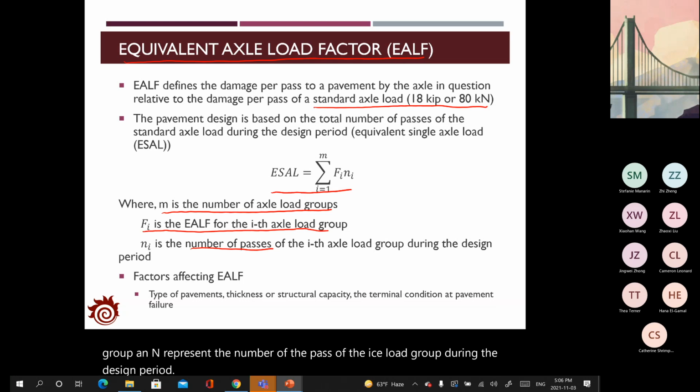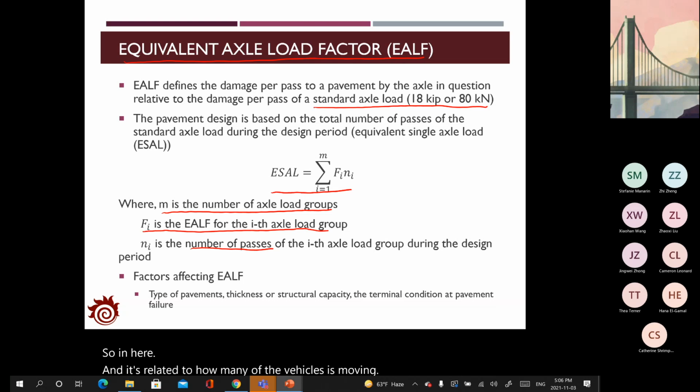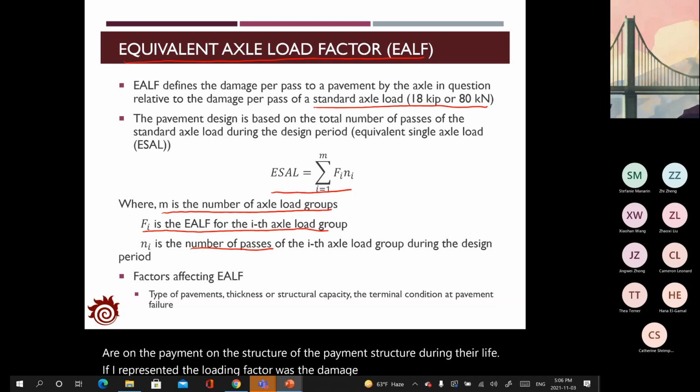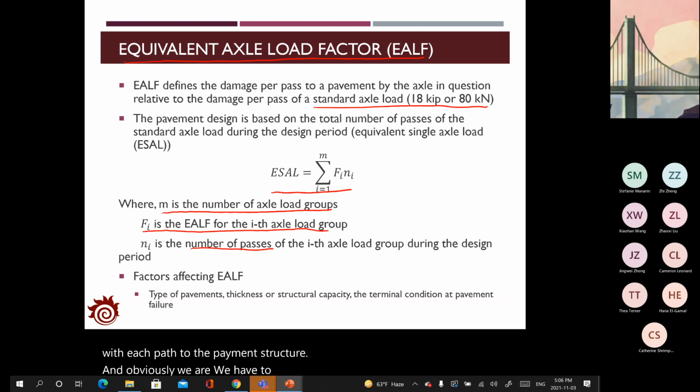So here, N is related to how many of the vehicles are moving on the pavement structure during the design life. Fi represents the loading factor: what's the damage of each group with each pass to the pavement structure. Obviously we have to pay more attention to how we can calculate the EALF.